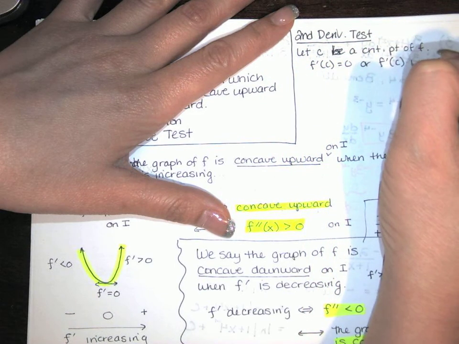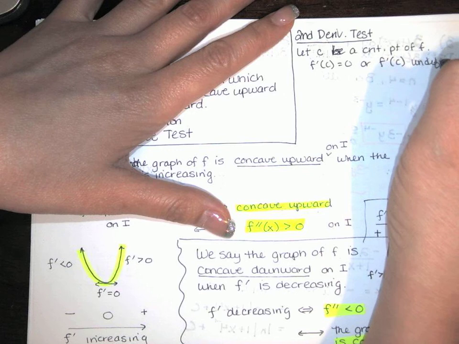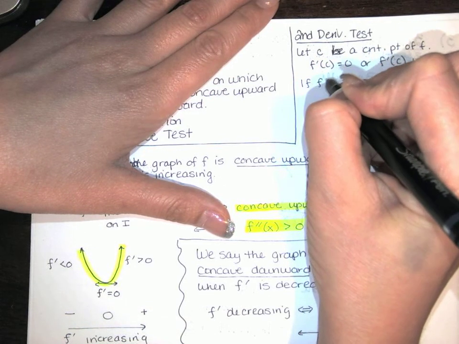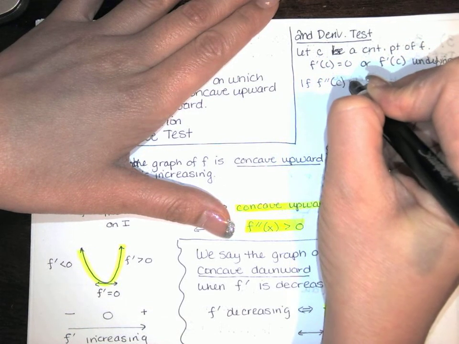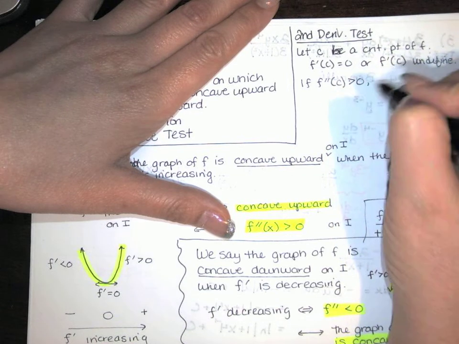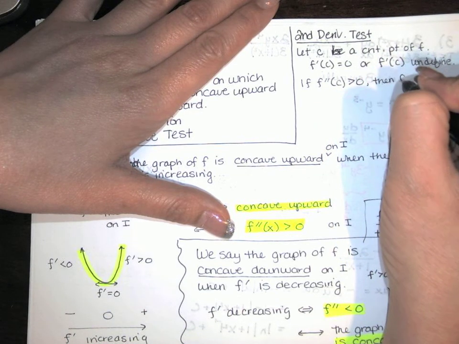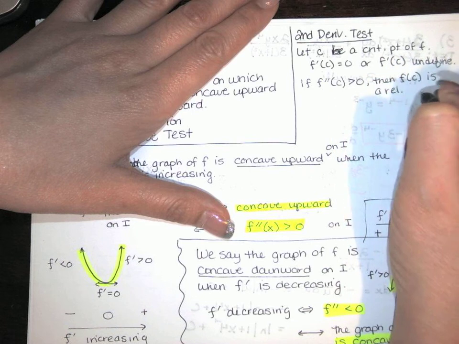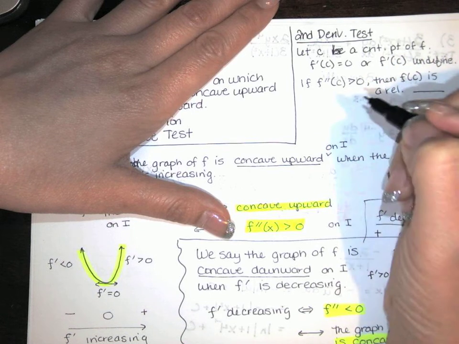It's one of those. If the second derivative at x equals C is positive, then f of C is a relative max or min, one of those.